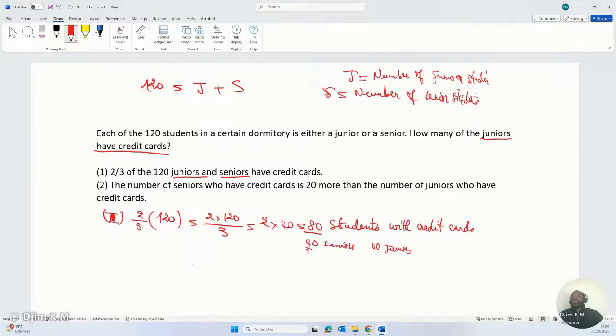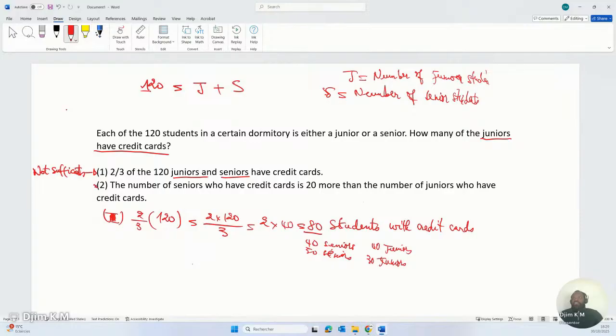But we can also have 50 seniors that will have credit cards and 30 juniors. So we have multiple possible combinations or choices here. So this is not sufficient to give us the exact number of junior students that will have credit cards.